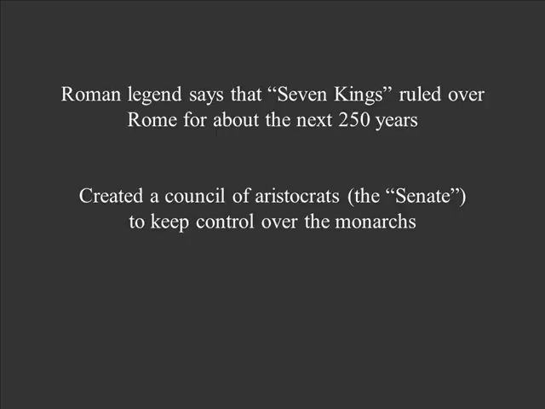So there's these kind of legendary 7 kings that historians have difficulty finding written sources about. And a lot of the myths, the stories don't seem very reliable. And a couple of the kings have names that sound like they're more Etruscan than Latin, so there's a lot of historians who wonder why that would be.